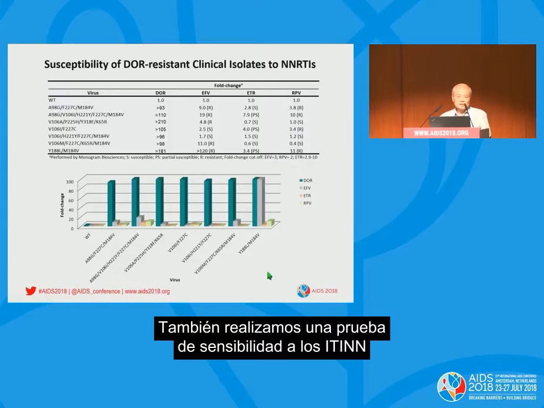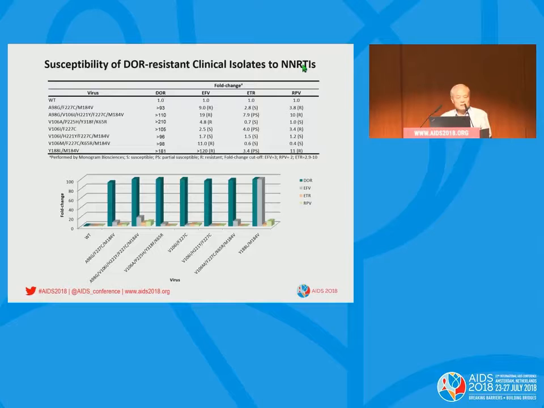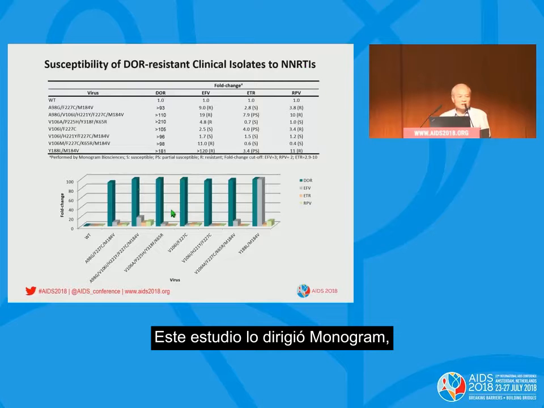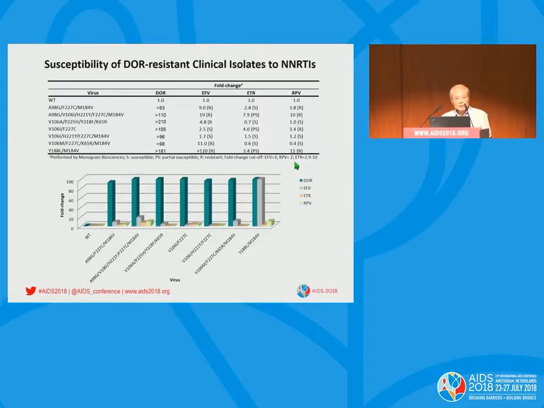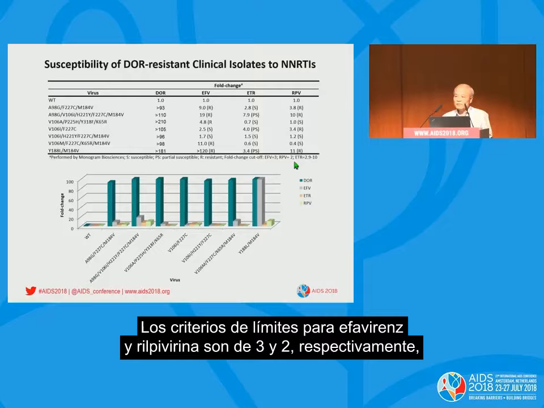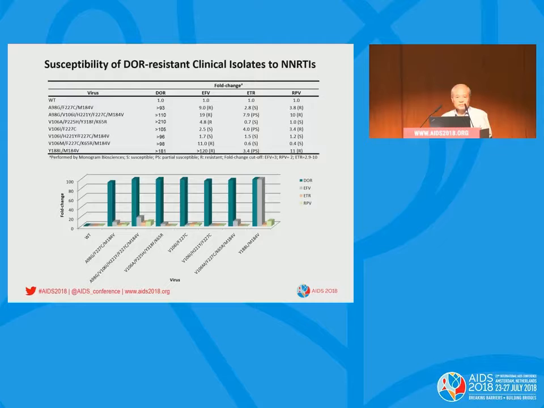We also tested the susceptibility of doravirine-resistant clinical isolates to NNRTIs. This study was conducted by Monogram based on the cutoff criteria shown on the bottom of this table. The cutoff criteria for efavirenz and rilpivirine are 3 and 2 respectively, and the cutoff criteria for etravirine is from 2.9 to 10.